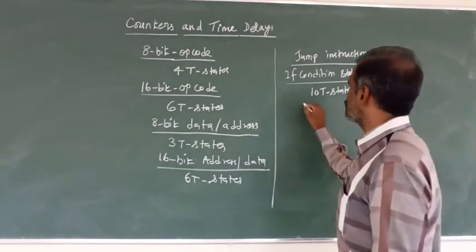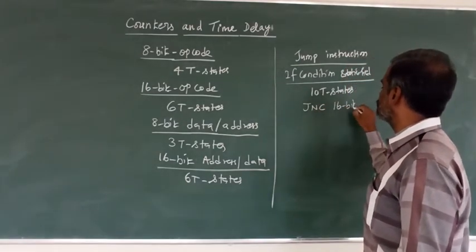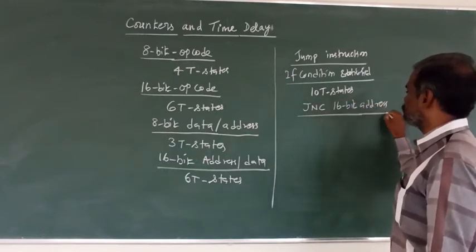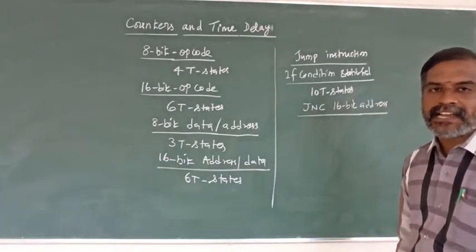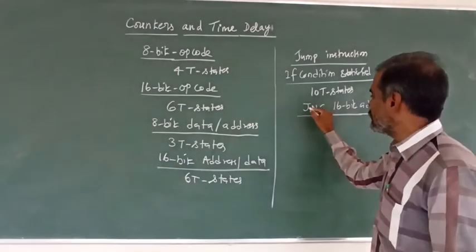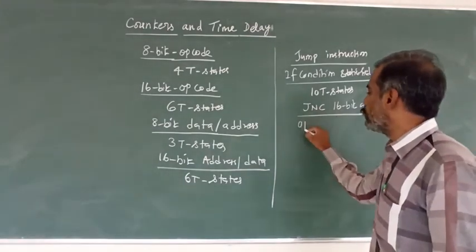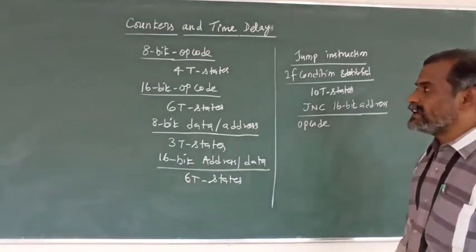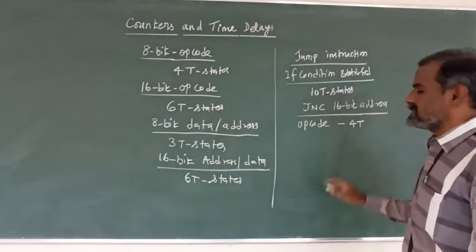Suppose JNC 16-bit address. This is a 3-byte instruction. The first byte represents the opcode, which is related to 8-bit and requires 4 T states.